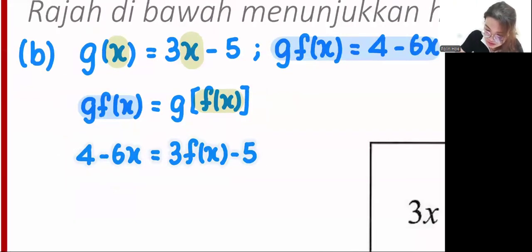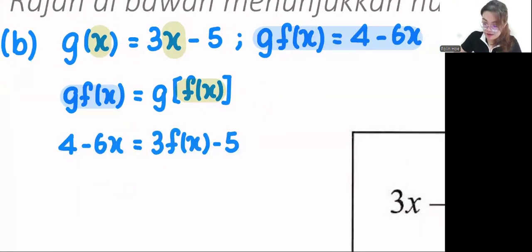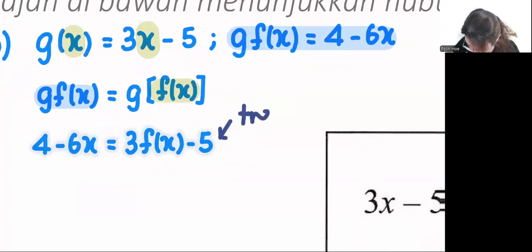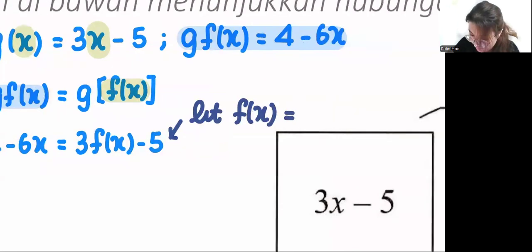And now you are asked to find out what is your f(x). On this side, navy color means the method for you to solve. Never mind. I write: let f(x), the whole thing, be the unknown.